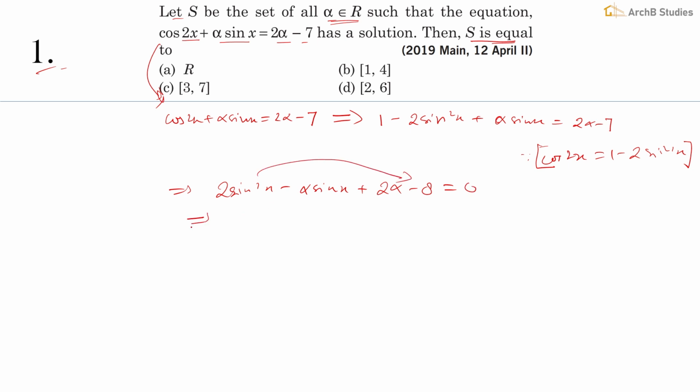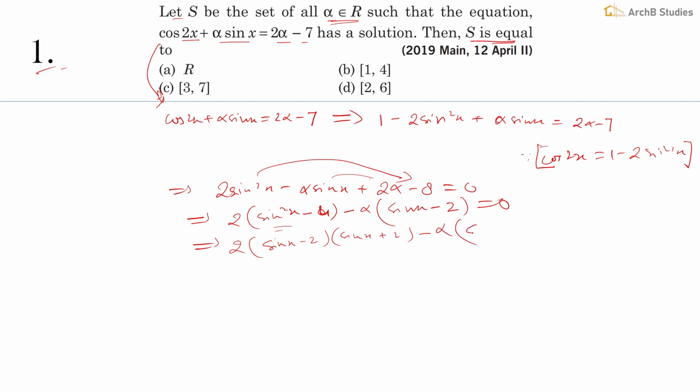Okay, so if you take 2 common from this one, 2 sin square x minus 4, and if we take minus alpha common from these two, we will get sin x minus 2 equal to 0. Now this we can write further, 2 sin square x minus 2 square, so sin x minus 2 sin x plus 2 minus alpha sin x minus 2 equal to 0.